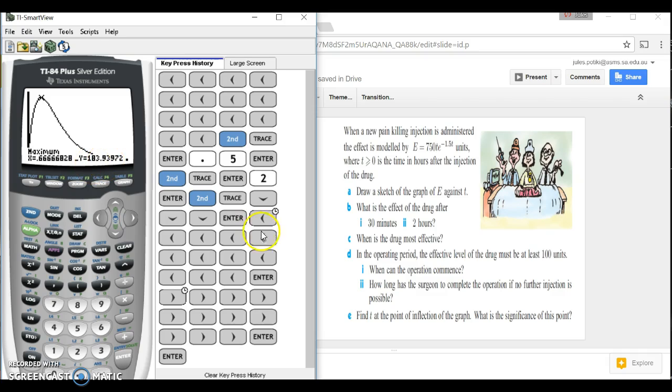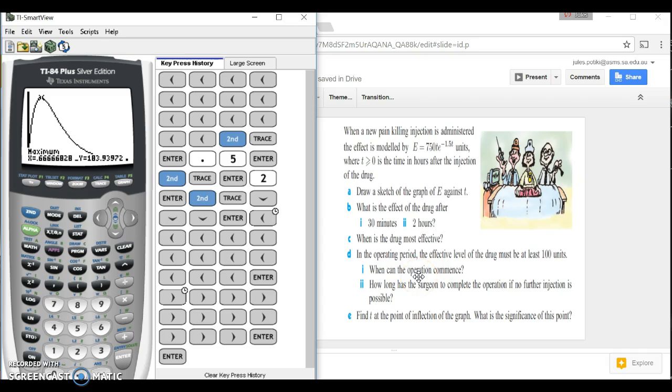183.9. So it didn't ask us what the size of the effect was, but it asked us when it was most effective. So the answer there is at t equals 0.666 hours, or 2/3 of an hour. So the next thing, and I think this is the last thing I'm going to show you, is it's asking us to find a time when the effect is equal to 100 units.